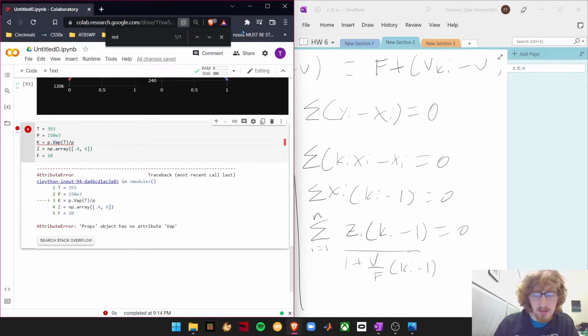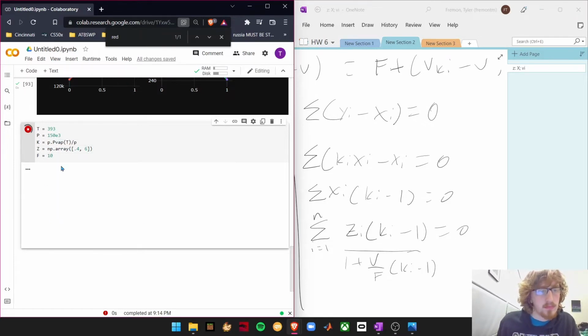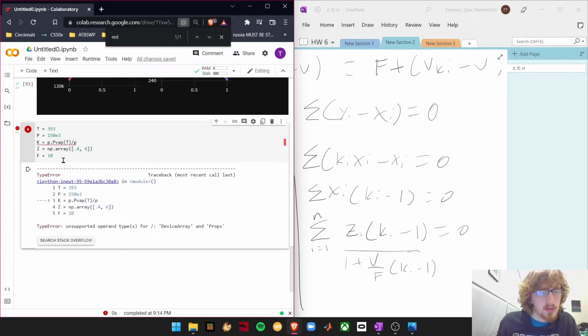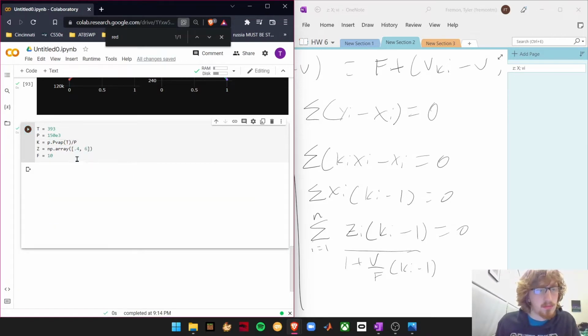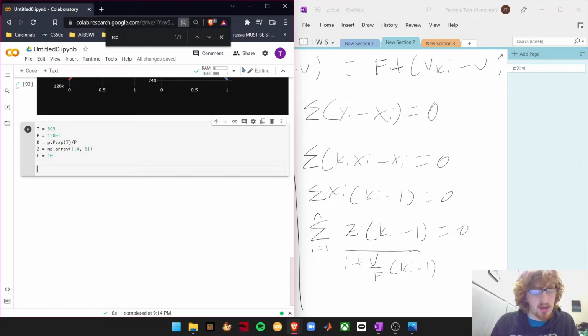I just forgot a P. There we go. All right, and now we can actually define our Rachford-Rice equation.